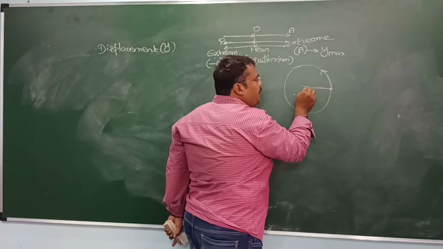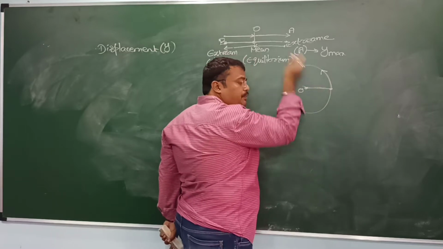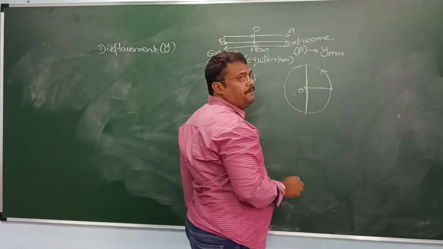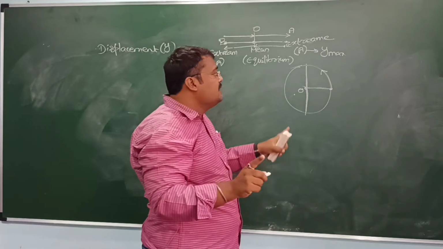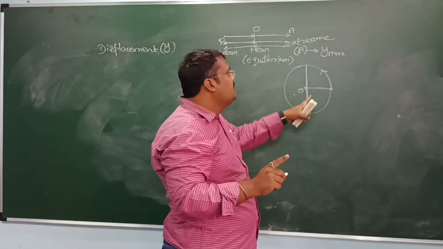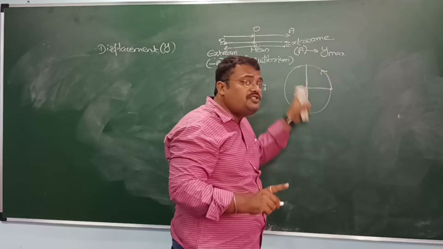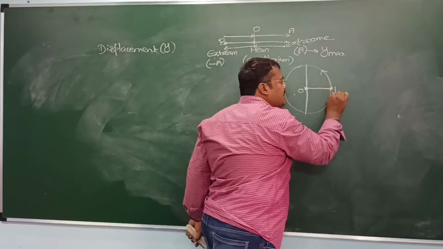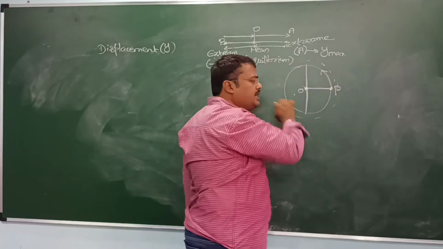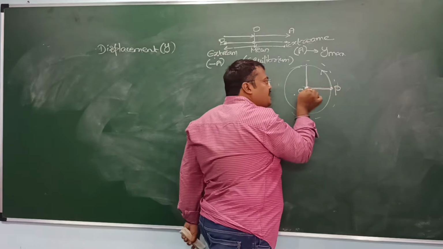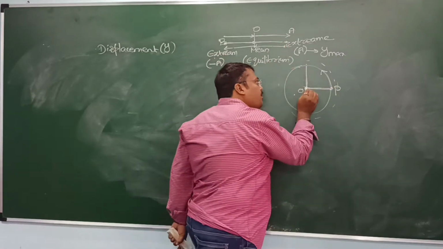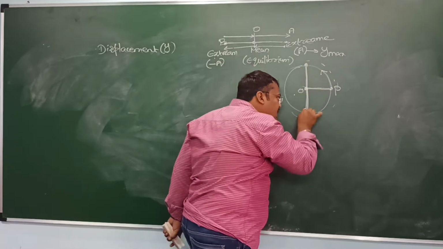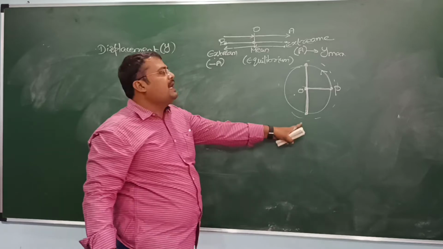Then the projected point, connected to the central point of the circular path, will do to and fro motion. The particle is doing uniform circular motion, and the projection point connected to the particle will reach the maximum position, then again come to the mean position, and again go to the other maximum position.